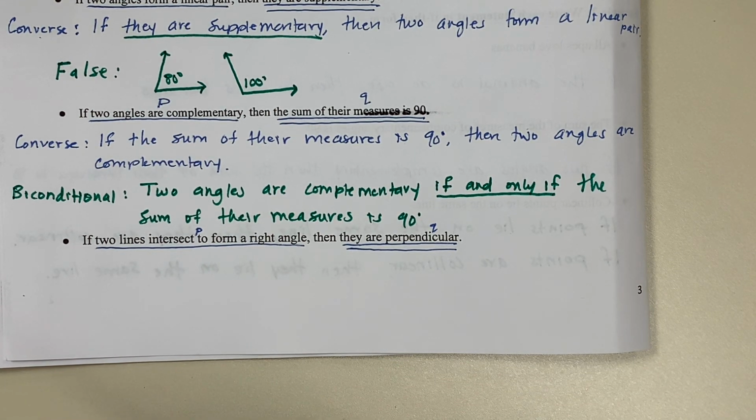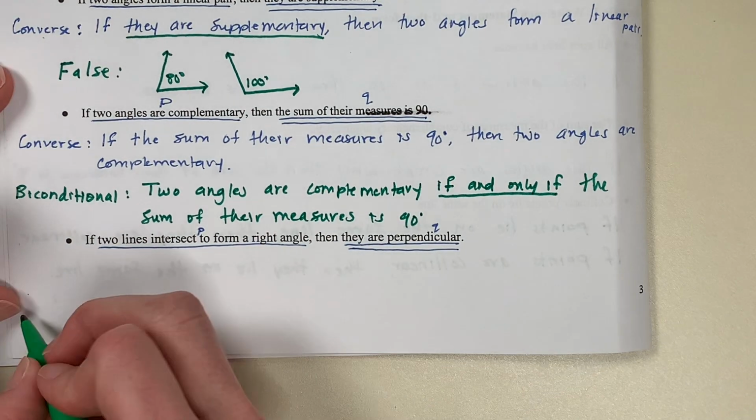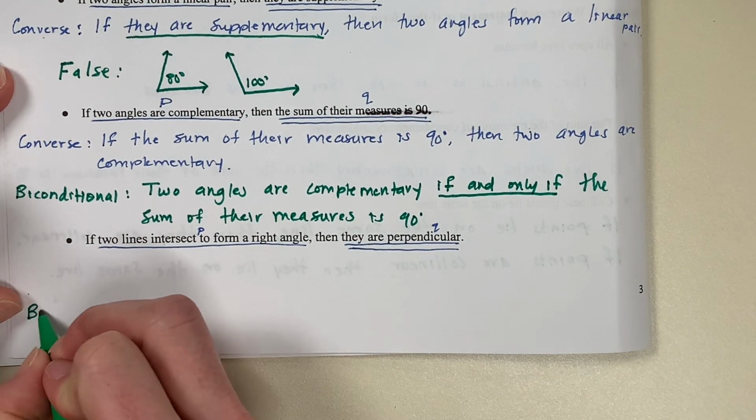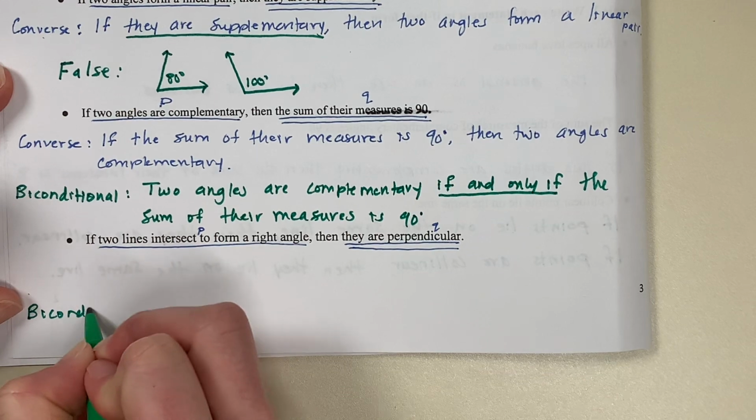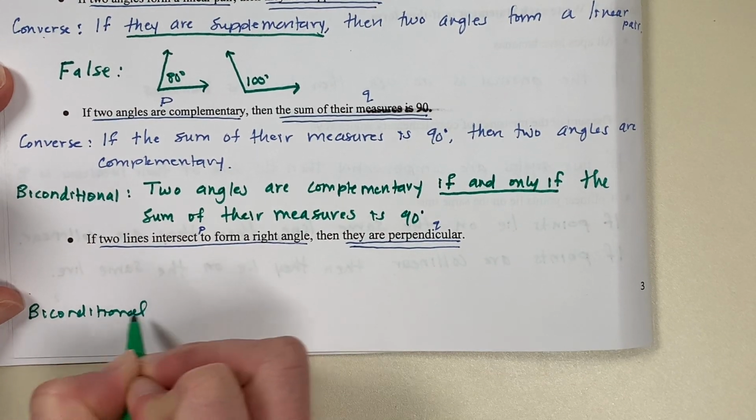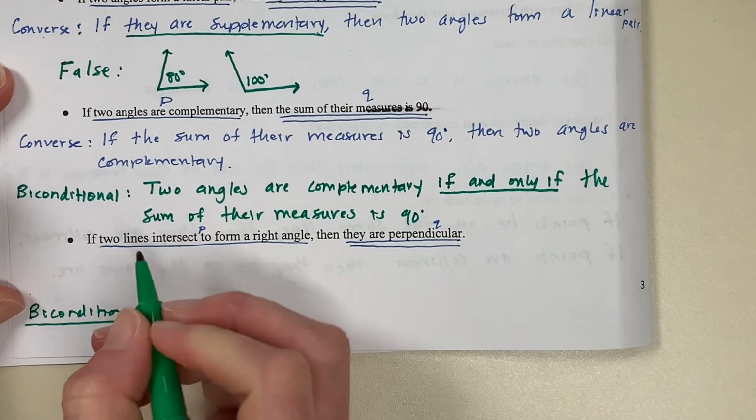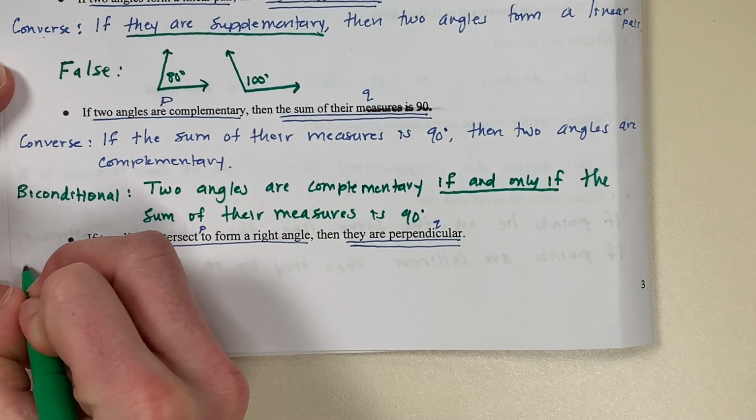So if they are perpendicular, then two lines intersect to form a right angle. I'll say that again. If they are perpendicular, then two lines intersect to form a right angle. This is a situation when both the hypothesis and the conclusion are true. Since the hypothesis and the conclusion are both true, I can write this statement as a biconditional.